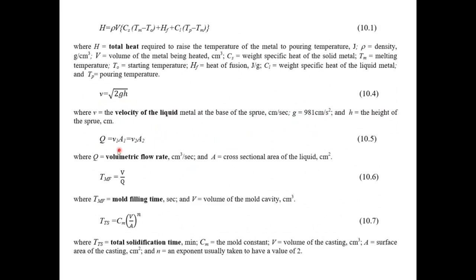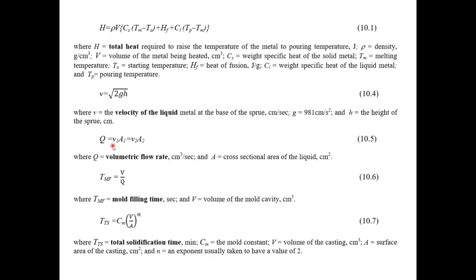Then we've got equation 10.5, which is the equation for computation of volumetric flow rate. As I mentioned before, it makes it possible for us to compute the flow rate in the down sprue and other sections of the mold system. It is a function of velocity times cross-sectional area of any section of the down sprue as well as the runner.